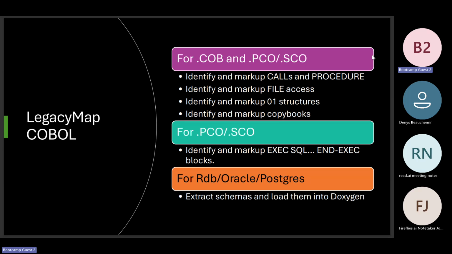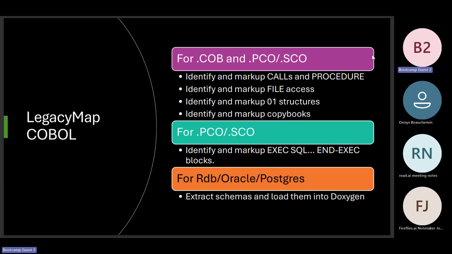The PCOs, we go beyond that. We will actually read what's in the exec SQL begin and exec. We will parse that, and we will look for the tables that are used in there and the access that you're doing to that table. Okay.